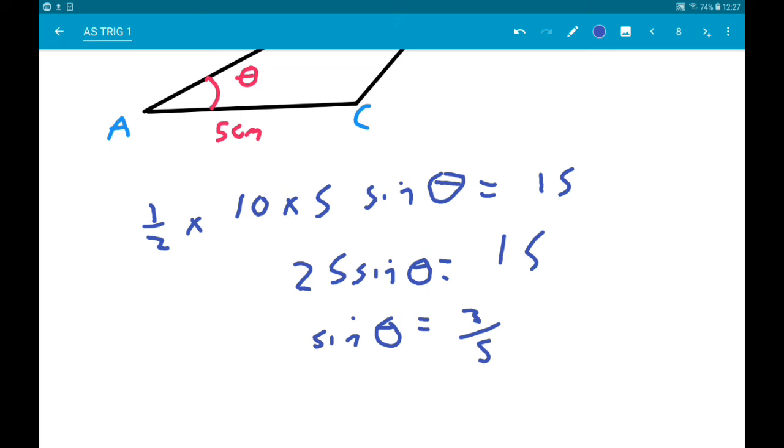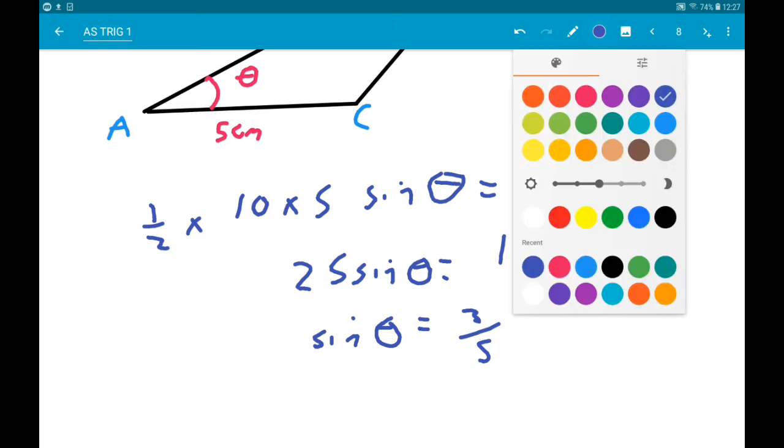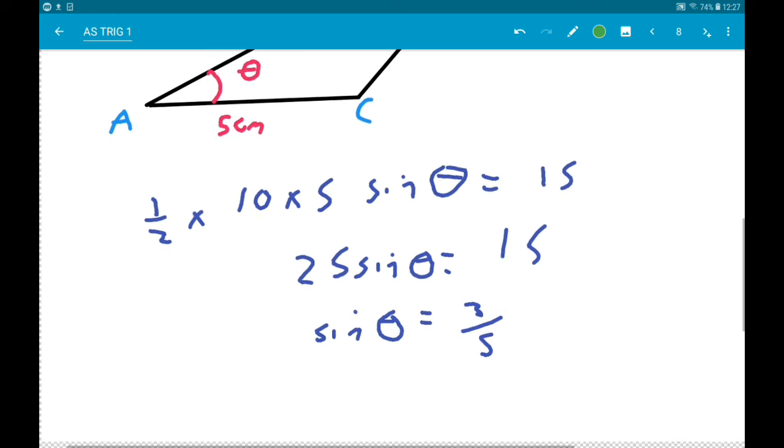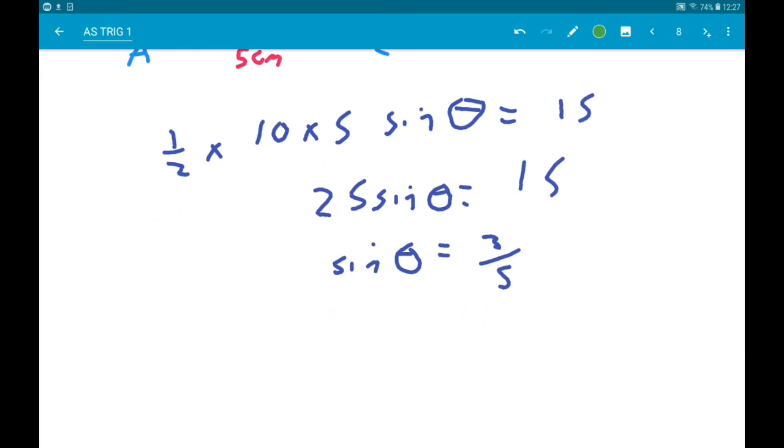Okay, now to get cos theta, we actually need to use an identity. So, the one we need is that sine squared and cos squared is equal to 1.